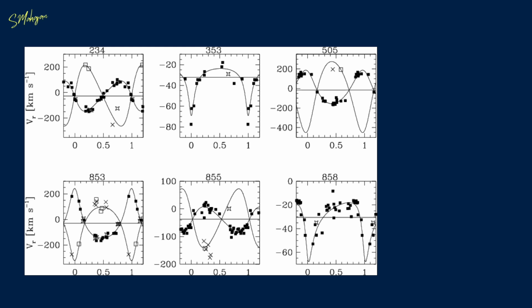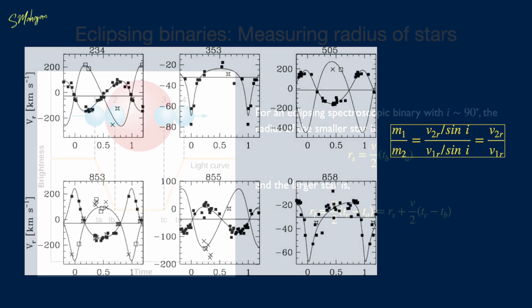Assuming that the angle of inclination of the orbital plane is i, the relation between mass and radial velocity is modified as this because the observed radial velocity cannot exceed total velocity times sine of i. As a special case, note that if the direction of motion of stars is normal to the line of sight, the observed radial velocity will be 0.